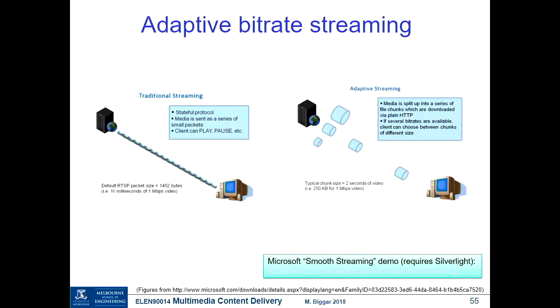out. This is just a graphical way of illustrating what the adaptive streaming process is. The graphic comes from Microsoft. They provide one of several different solutions.